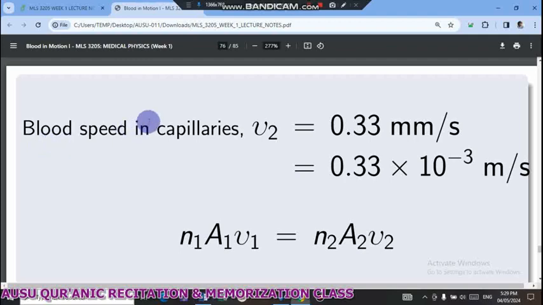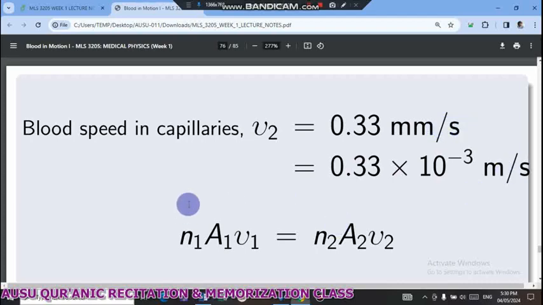They say that the blood speed in capillaries, V2, equals 0.33 millimeters per second. Remember, this first m, milli, is 10 to the power of minus 3. So you convert that to 0.33 times 10 to the power of minus 3, and now you are left with meter per second.